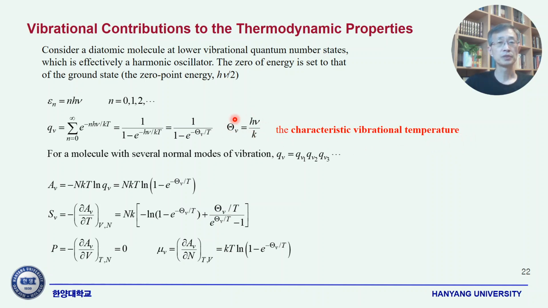If you compute this, it is rather high. That's why the vibrational degrees of freedom are inactive at low temperature, so we only consider the vibrational contribution at high temperatures.